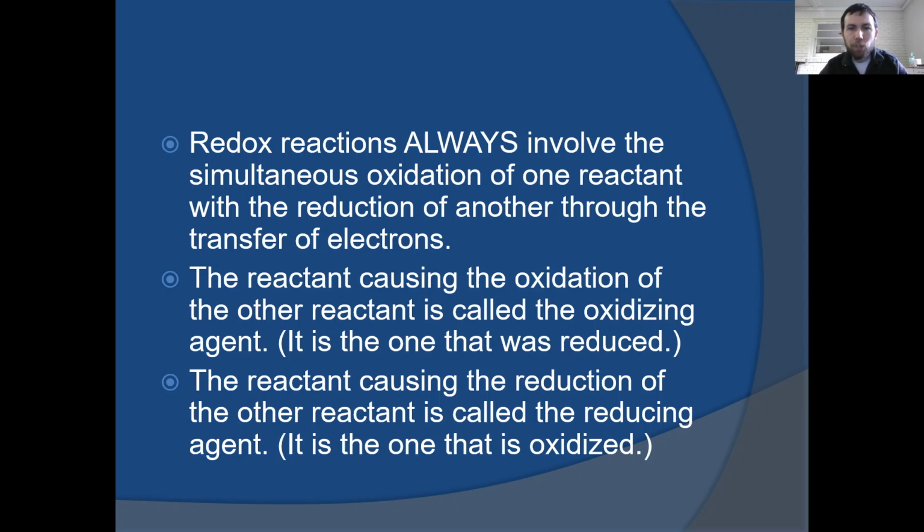Just like oxidizing agents can be ranked, there are certain substances that do a much better job of reducing. That means they're much better at losing their electrons as opposed to gaining them. So just keep that in the back of your mind.